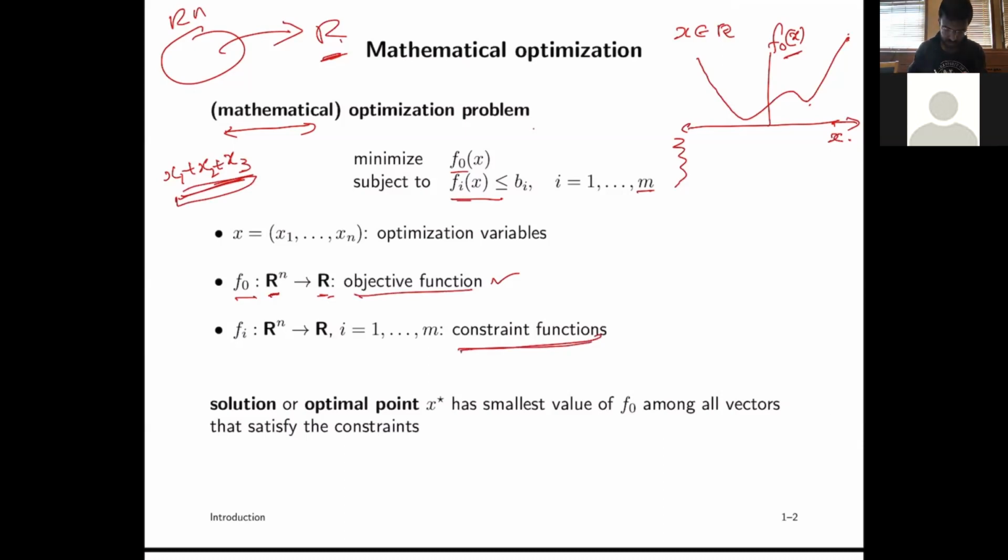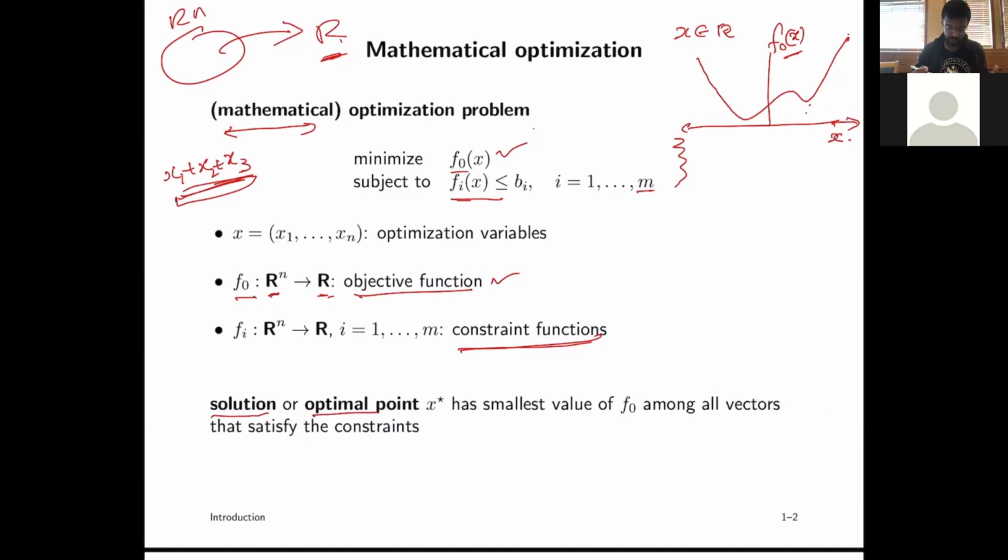Now let's, for a minute, forget about the constraint function. Let's say we only have the objective function. In this case, what will be the solution? We should also talk about the solution of the problem, which is also called the optimal point.